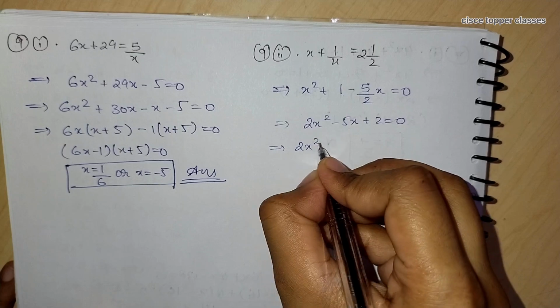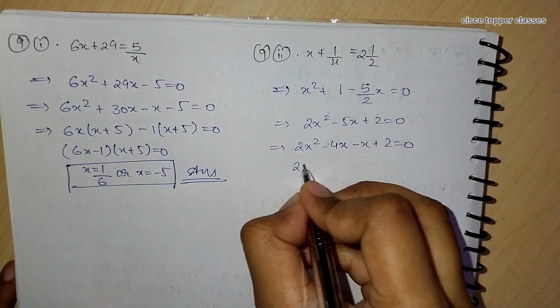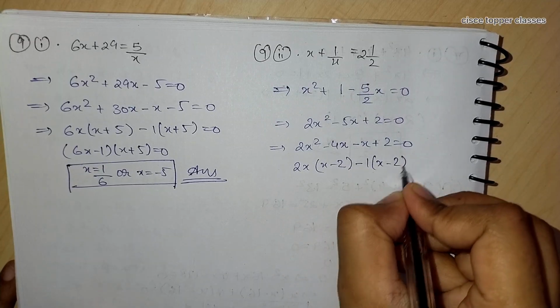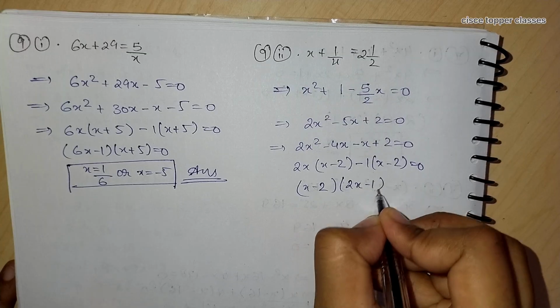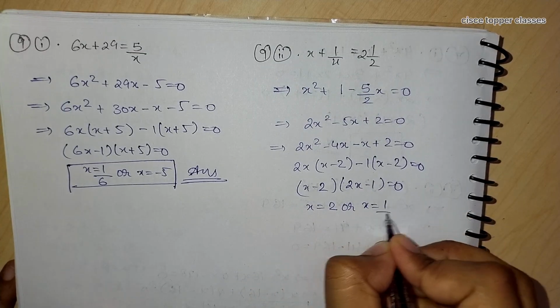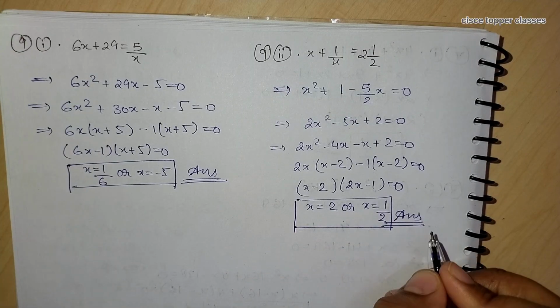Here we can solve as 2x square minus 4x minus x plus 2 equal to 0. So 2x is common, so x minus 2 minus 1 x minus 2. We can write as x minus 2 and 2x minus 1 equal to 0. So x will be equal to 2 or x is equal to 1 by 2 is the final answer here in this question. So this is the answer here.